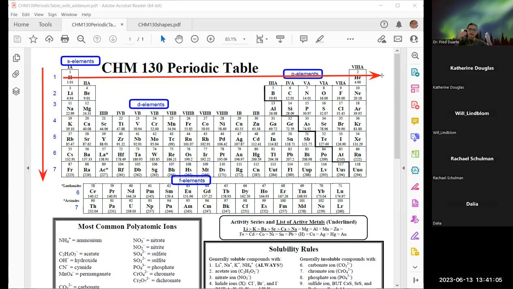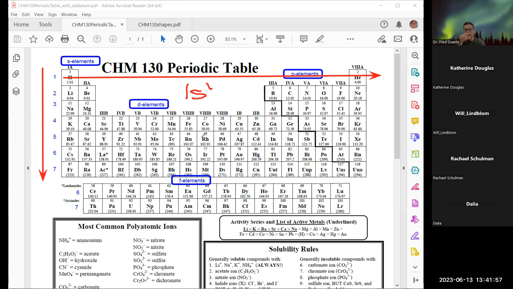That notation, 1s superscript 1, is telling you that hydrogen's sole electron occupies the first energy level, specifically the S orbital, and there's 1 electron. So as for hydrogen, the electron configuration would be 1s superscript 1, okay?